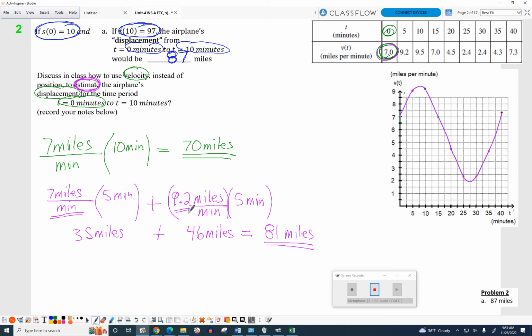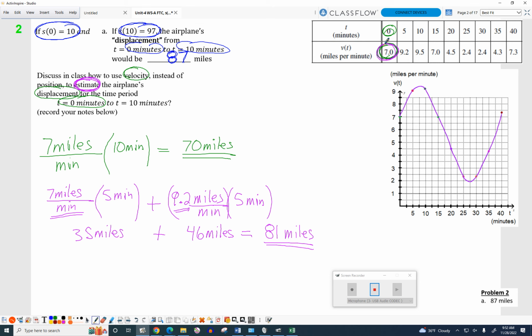Please. How would that not be wrong? Because we know that it changes once it hits 5 minutes. How would it not be wrong to say it stays at 7 miles per minute for 10 minutes? 3 points for Jackson. The reason is we don't even know that the plane has a velocity of 7 miles per minute for the first 5 minutes at all.